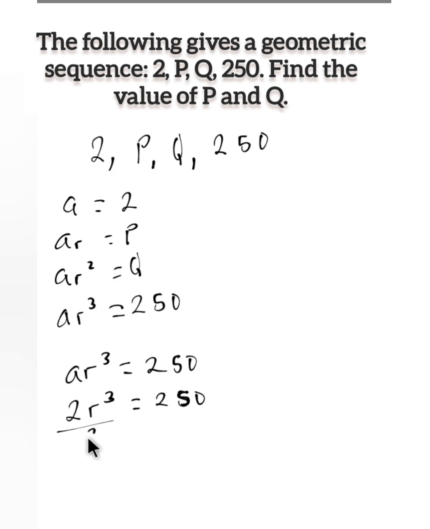Now we divide both sides by 2. We have r cubed is equal to 125. What can we do next? For us to eliminate its power, we need to raise both sides to the power of 1 over 3. So r^(3 times 1/3) is equal to 125 raised to power 1 over 3.